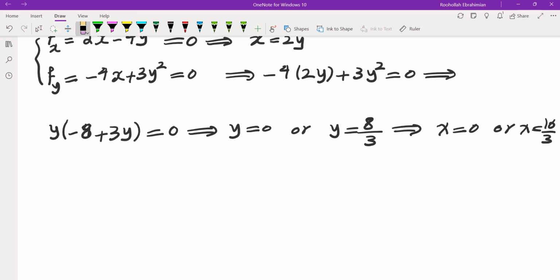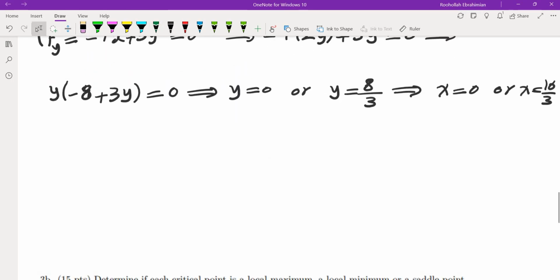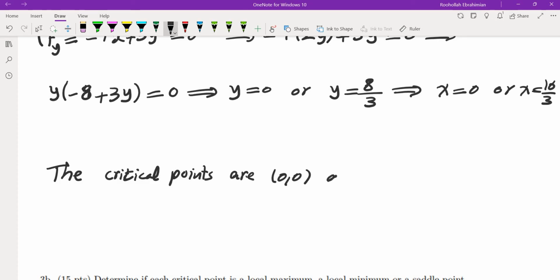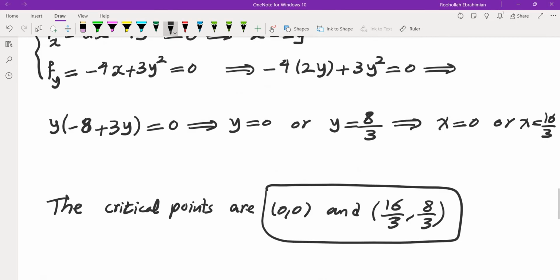So we have two critical points. The critical points must be written in pairs. The critical points are 0, 0 and 16 over 3, 8 over 3. These are the two critical points.